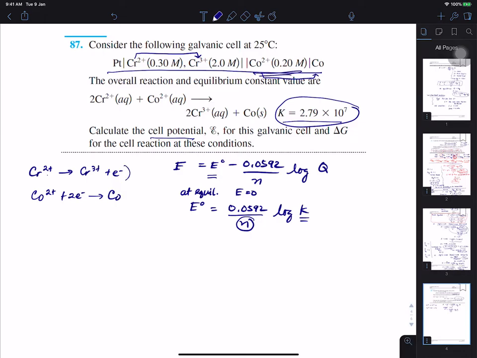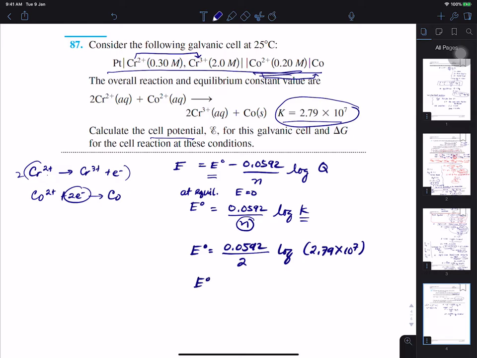So that means 2 electrons are involved. So that's fairly easy. E naught is equal to 0.0592 over 2 log of the value K, which is 2.79 times 10 to the positive 7.